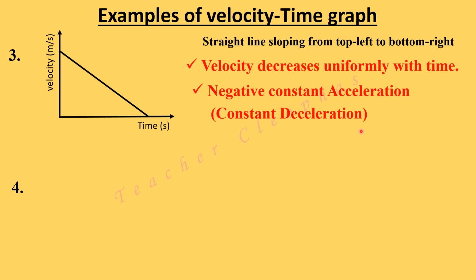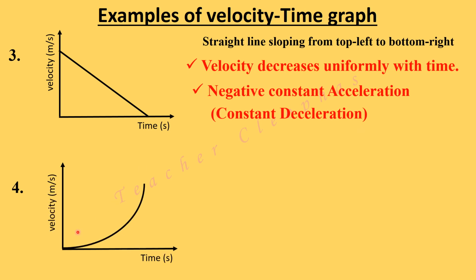Let's move on to graph 4. We can see that this graph shows no longer a straight line but a curve, and in this case it's a smooth curve. What does it tell us about the body whose motion is represented here? First of all, this is a non-constant velocity.